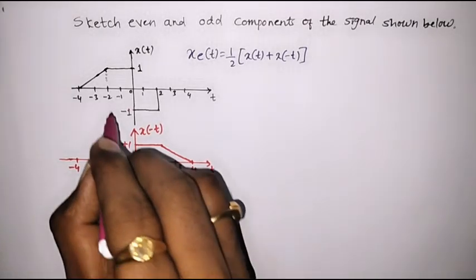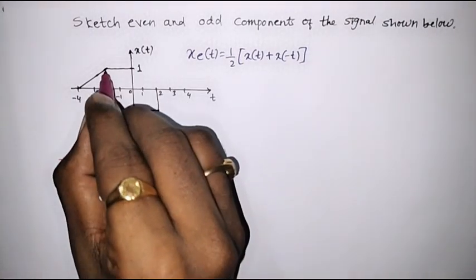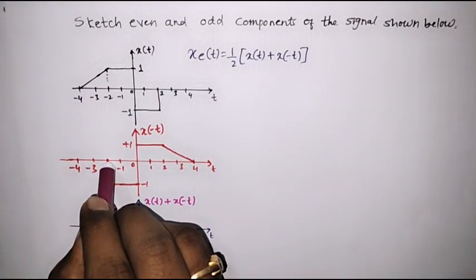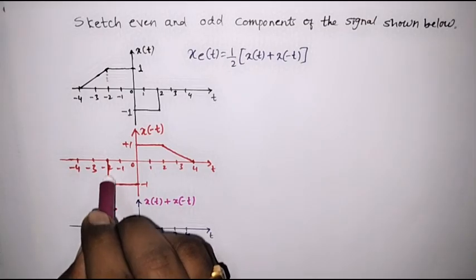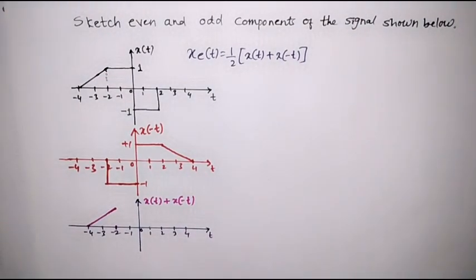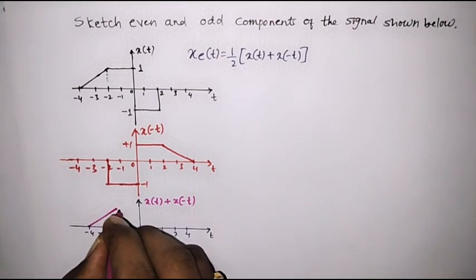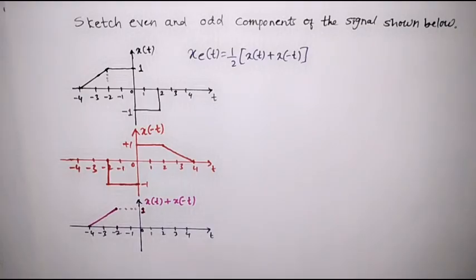Now at t equal to minus 2 the value of x of t is 1. Here at t equal to minus 2 the amplitude is 0, as the value has fallen from minus 1 to 0. So upon adding 1 with 0 the amplitude of the signal will be 1. So the amplitude at this point is 1.